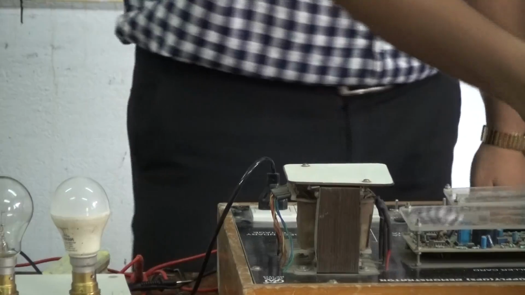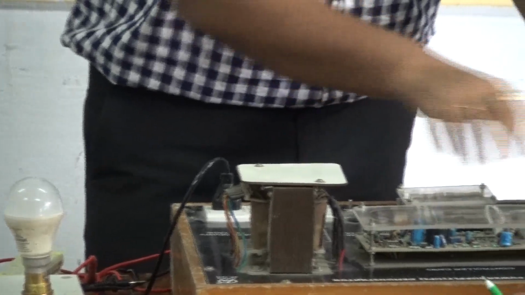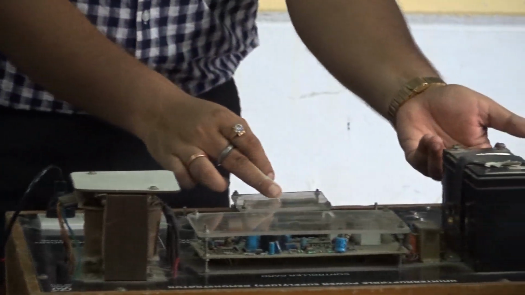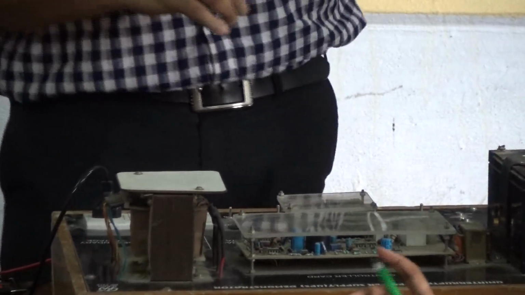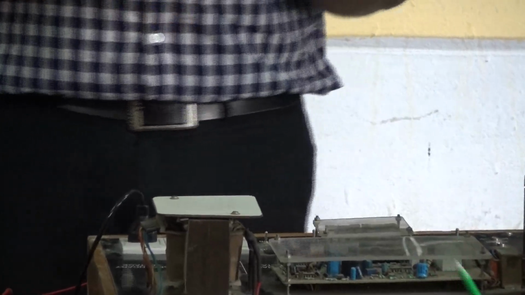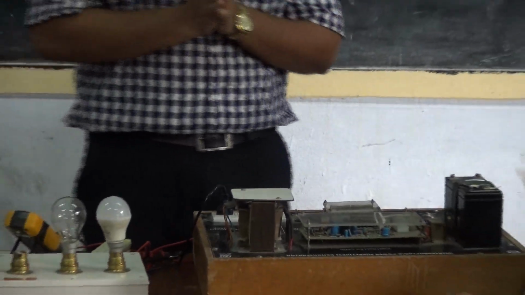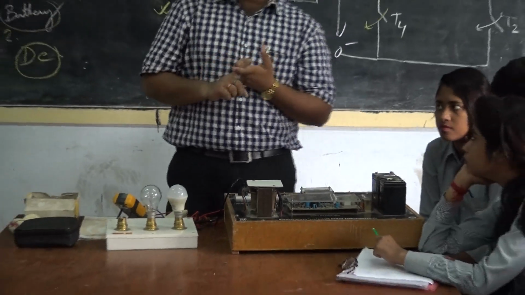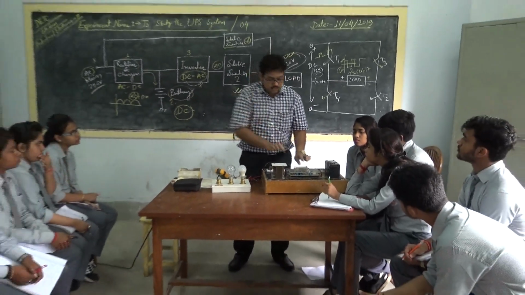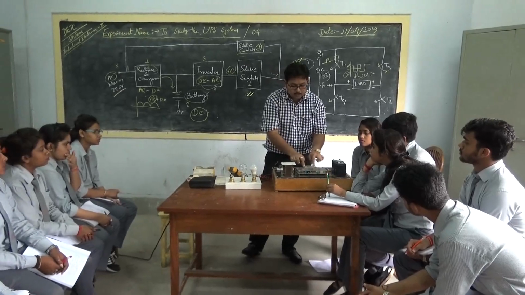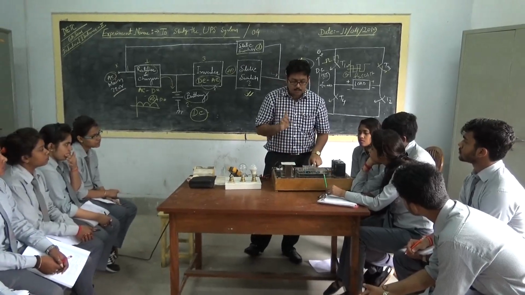The output voltage goes down to 0. Why 0? Because this circuit will not work. The connection between the battery and the inverter circuit will not work. So whenever your UPS is dead, you have to check from this side whether the battery connection to the inverter is okay or not, and the gate pulse of the MOSFET, that means whether the inverter circuit is present or not.